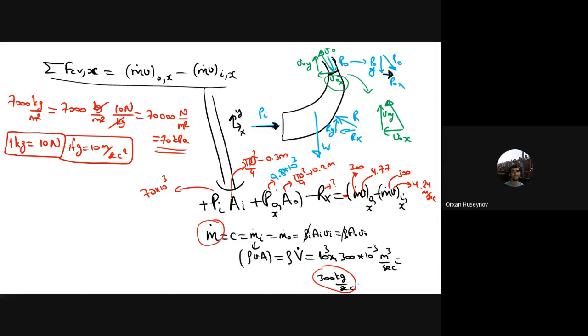Okay. So you see that all of the values are here. From this equation, you can find the value of Rx. And then, since we found the value of Rx, I will write the same equation for the y component of the conservation of linear momentum.